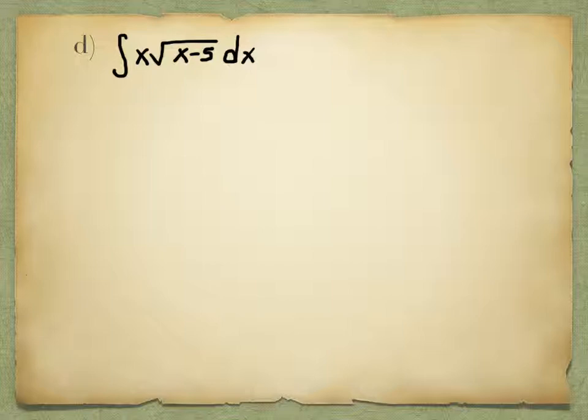So if you're taking a look at this one, what do you think you might let your u be? X minus 5. Now, at first glance, that doesn't look like you've changed a lot, especially because most of the time when you do du, you don't end up with 1, and you do here, don't you? So it doesn't really look like that's very helpful, but it actually is quite helpful.